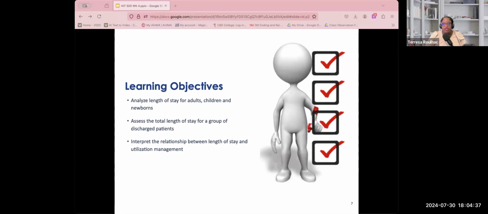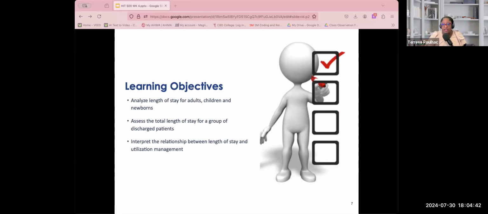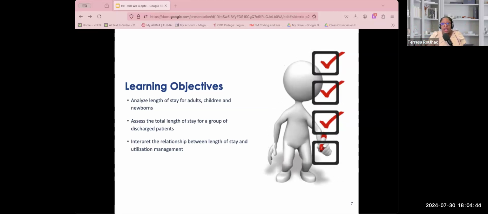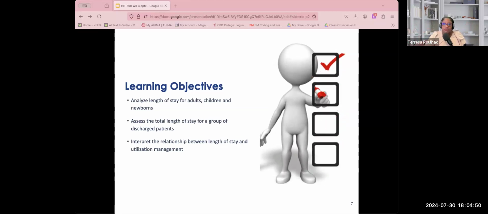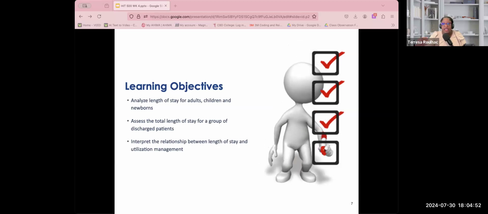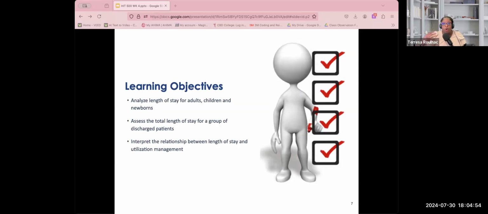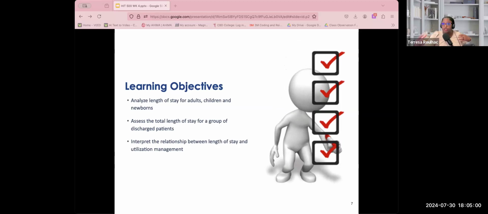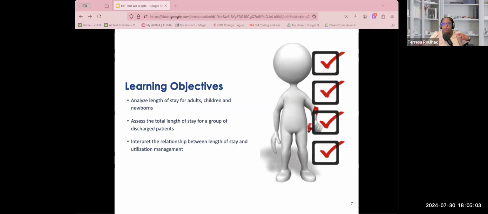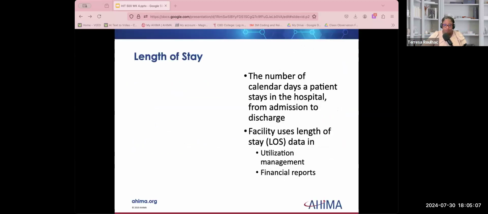And then the last thing we're going to do before we get out this evening is explore the different aspects of utilization management and its correlation with the length of stay, gaining insights that can inform strategic decision making in healthcare settings. So as with all of our statistical live sessions, we break down the terms, and then we'll get into how we actually calculate these equations.